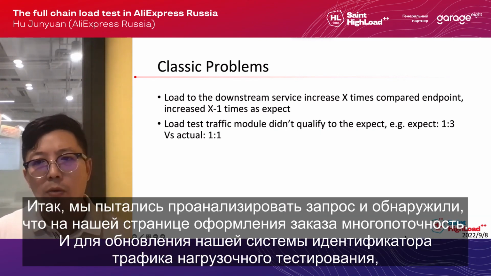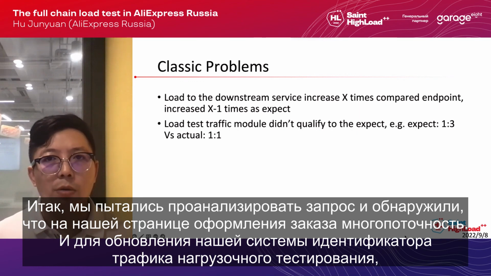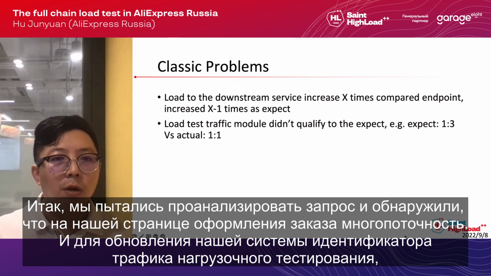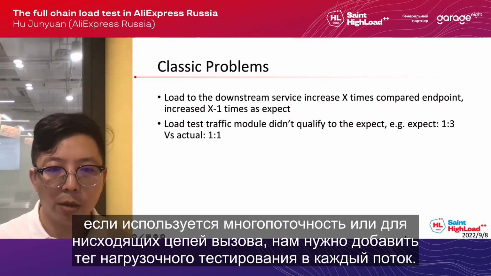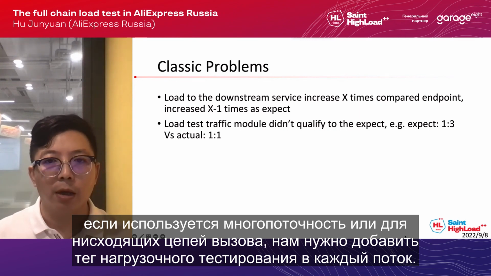So we tried to analyze the request, and we found that in our checkout page there is multi-thread logic. For our load test traffic identifier, when you are using multiple threads in the downstream invoke chain, we need to add the load test traffic tag in every thread.